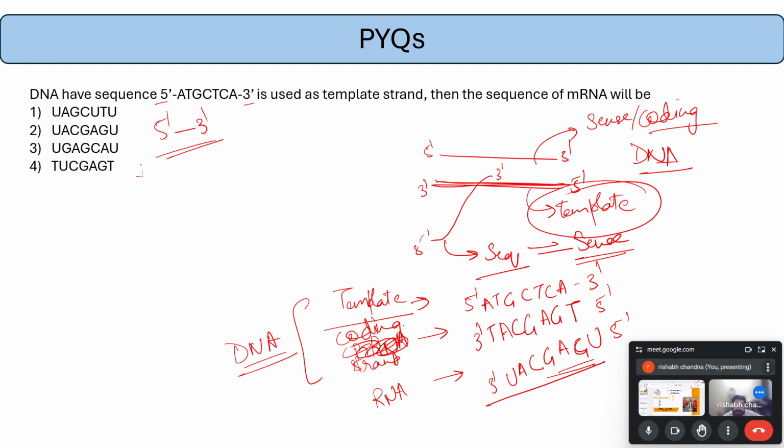UG, so both of these options are wrong. UGAGCAU. Okay, so the correct answer is option 3, because it has the same sequence as that of the coding strand.